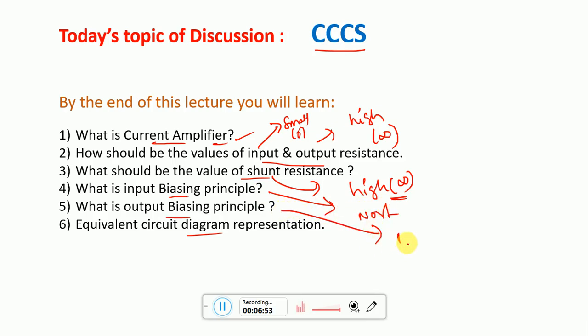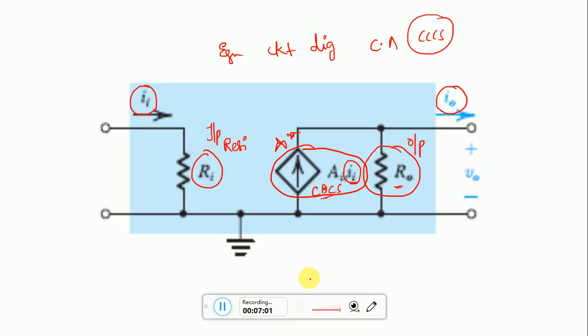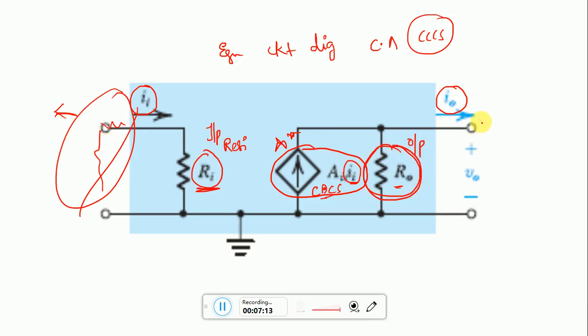The output biasing principle is also Norton's equivalent, and I have explained about equivalent circuit diagram representation. Now everyone gets confused at this part. This is input resistance, and either shunt or series resistance means this part where it will come along with the source, and this is output, and the thing that you connect here is load.